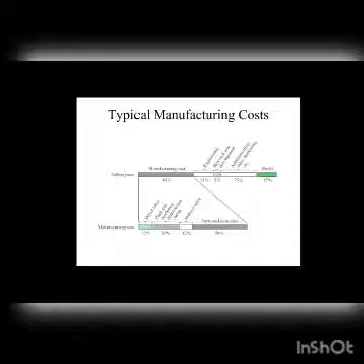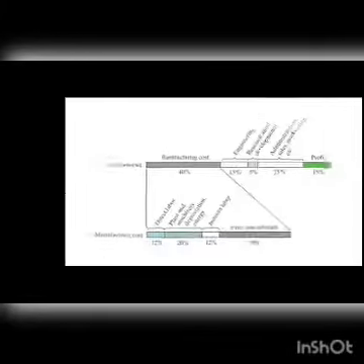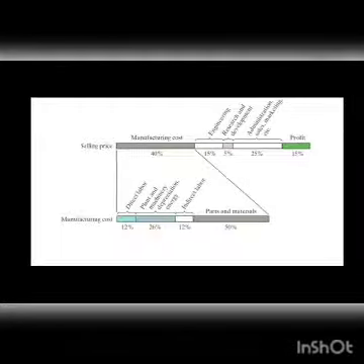Typical manufacturing costs you can see: 12% is attributed to direct labor, 26% to plant and machinery depreciation, 12% to indirect labor, and 50% to parts and raw materials. So this is the major share of the manufacturing cost.